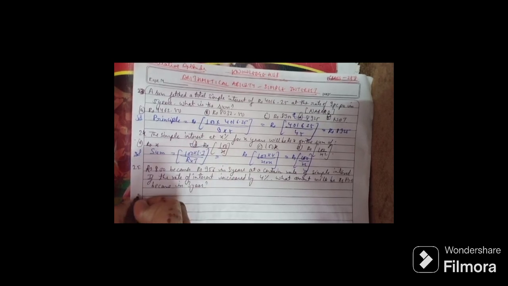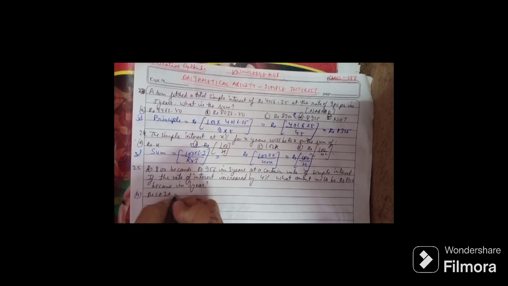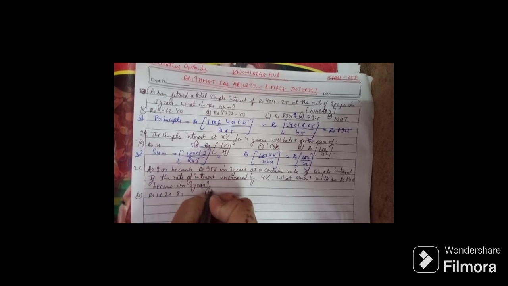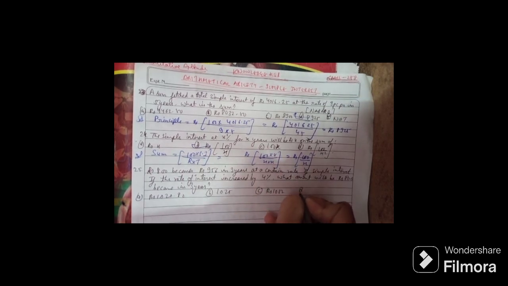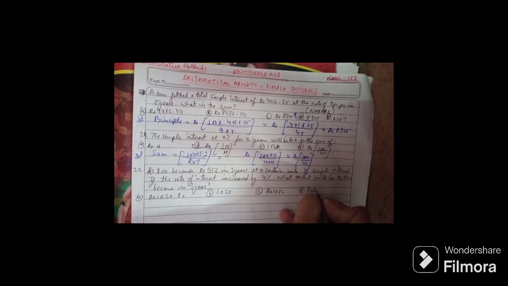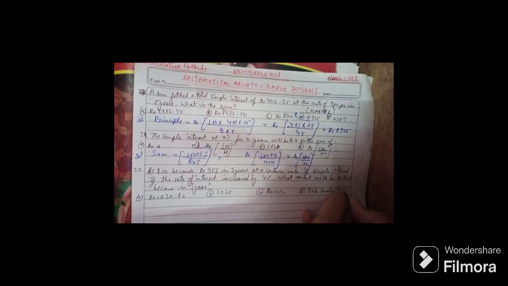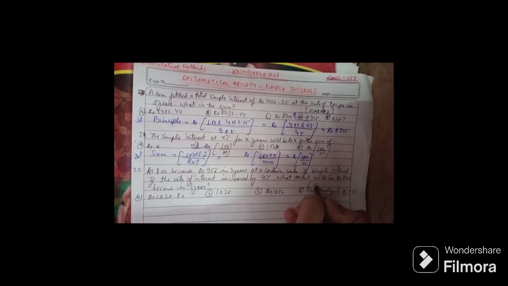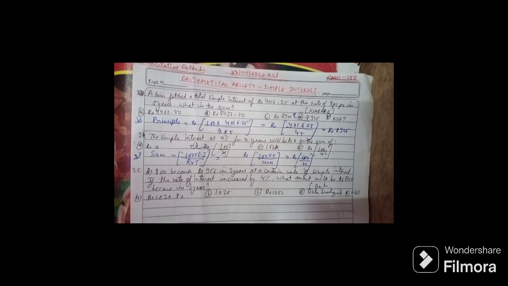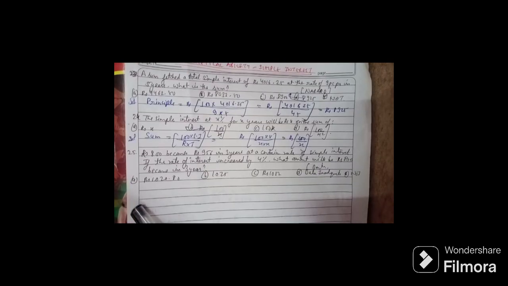The options are: A, rupees 1020.80, B option is 1025, C option is rupees 1052, D option is data inadequate, E option is none of these. This has been asked in the bank exam. So let's go for the same, 25th question of the session.